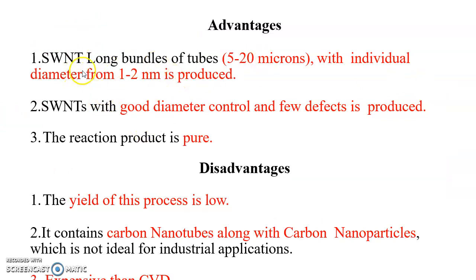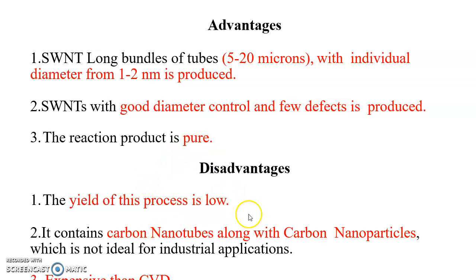Here, single-walled nanotubes in long bundles of tubes, 5 to 20 microns long with individual diameters from 1 to 2 nanometers, are produced, with good diameter control and few defects. The reaction product is pure.